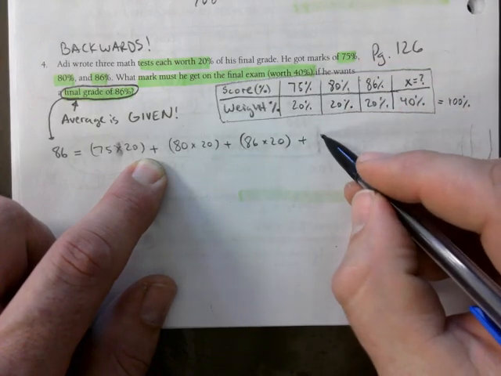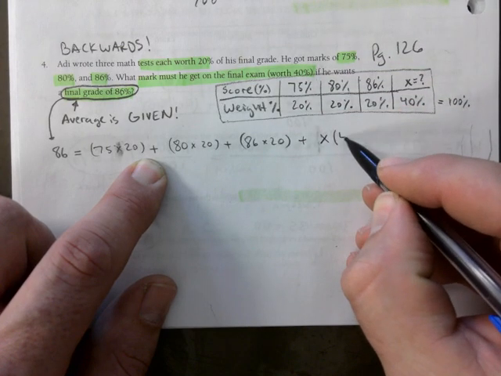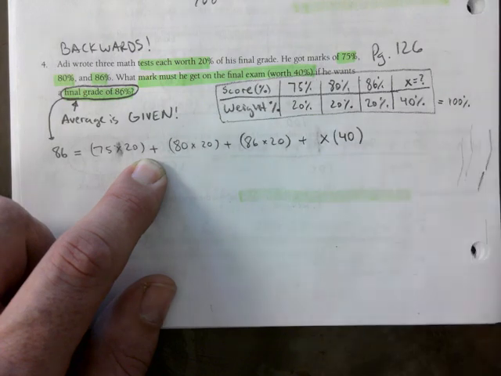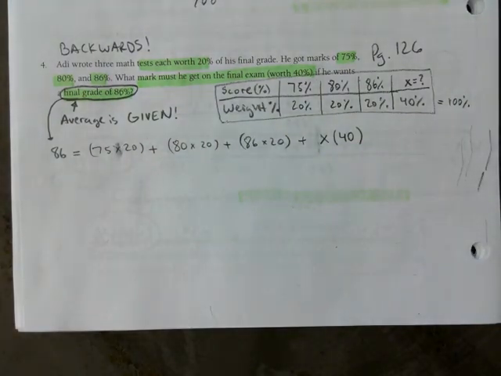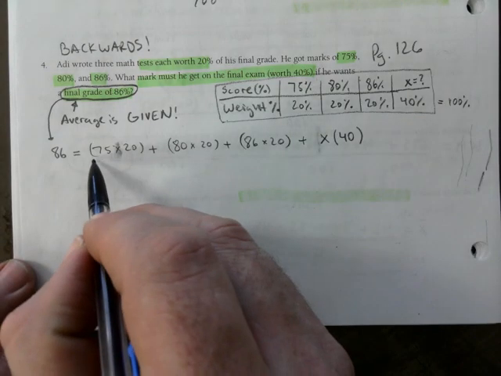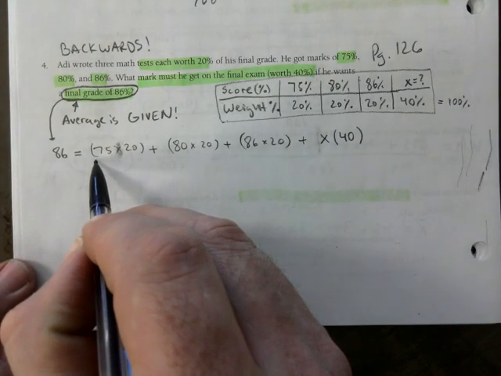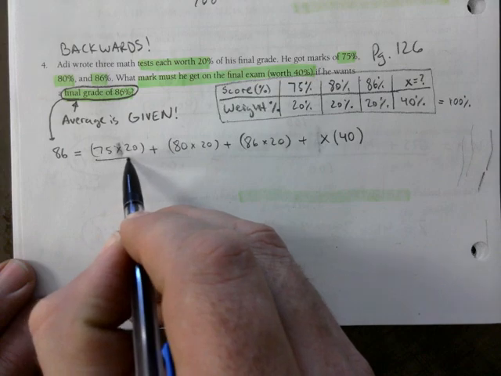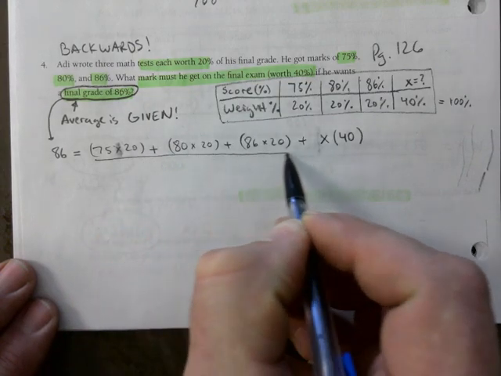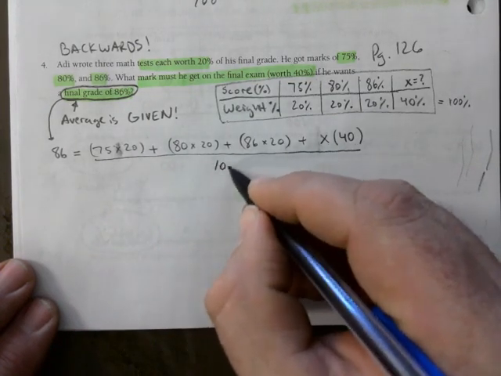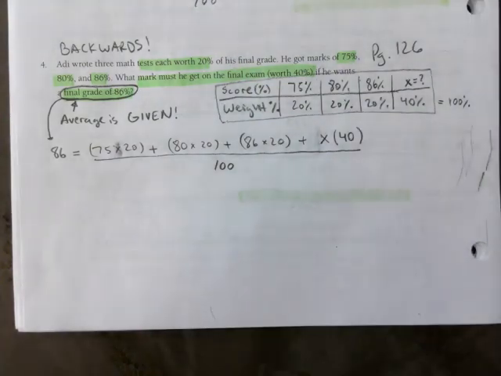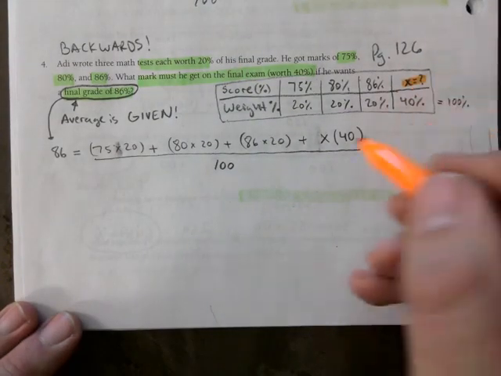I'm going to say x times 40, like that. Otherwise, things might get a little complicated there. And you divide the whole thing by 100.